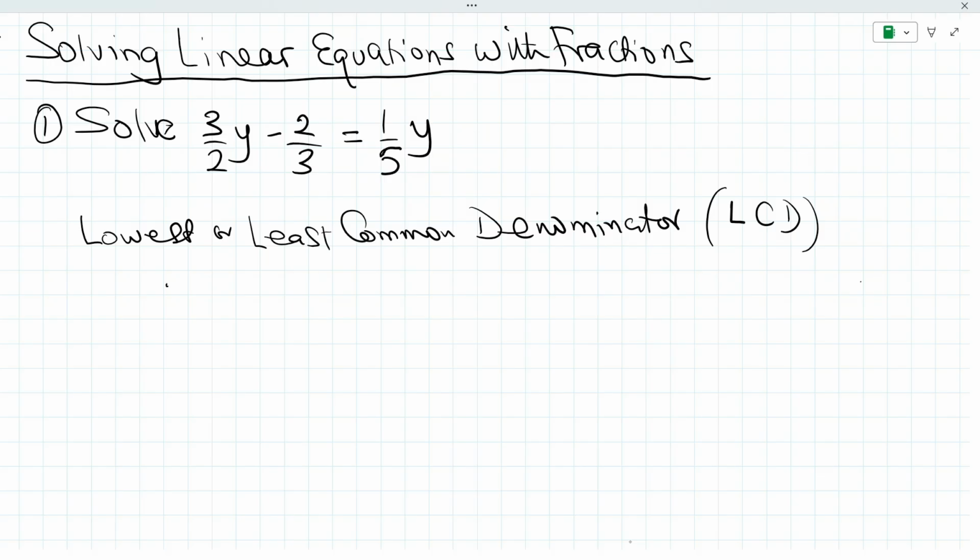So we have 2, and then we have 3, and we have 5. So how do we find the least common denominator?